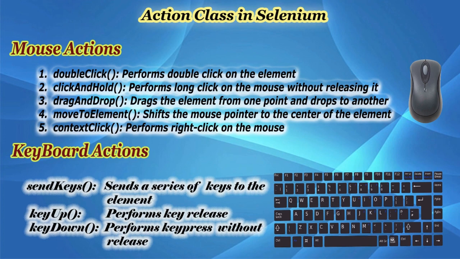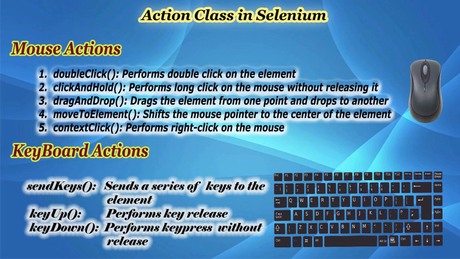In these places you need to press both the keys at the same time, which cannot be achieved using direct send keys. So the action class comes into it. The action class will do Control plus A, and once the action is done, you can go for key up, which performs key release.